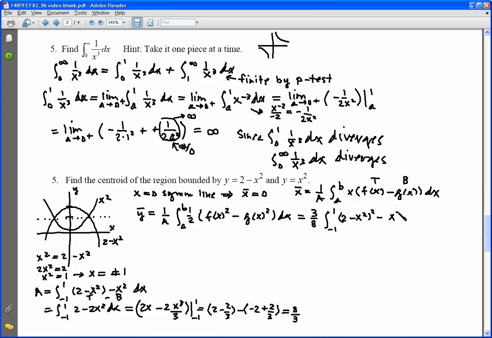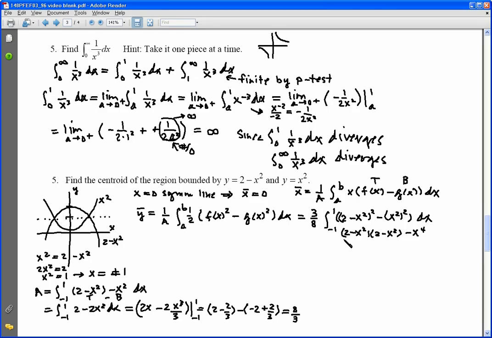So that's x squared dx. Okay, so we got a little bit of algebra to do, so we got to FOIL this guy out. So let me do some of this algebra just below here. So this is 2 minus x squared times 2 minus x squared. And then x squared squared is x to the 4th, so minus x to the 4th.